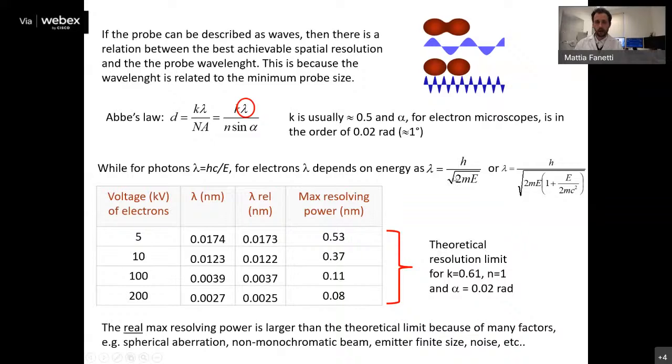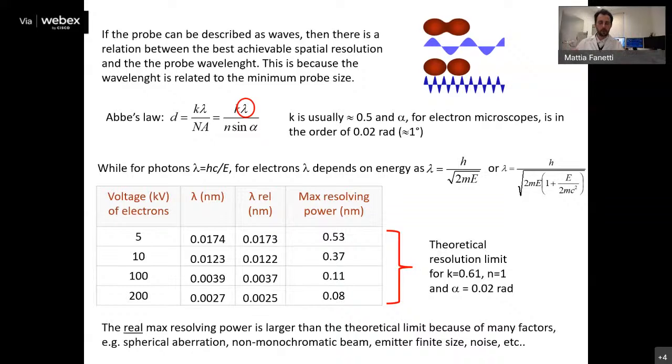Electrons have a wavelength which depends on their kinetic energy. In a typical SEM, the kinetic energy of electrons is in the range from 1 kilovolt to 30 kilovolt.